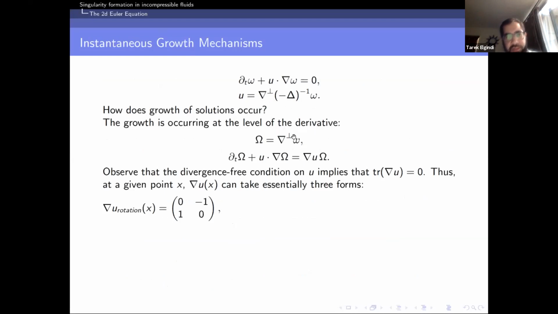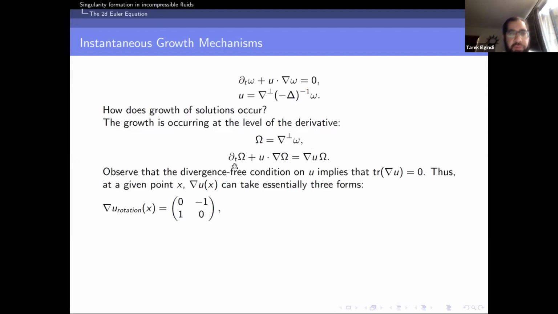This perpendicular here is for convenience, to make the equation look nice. You could have looked at the normal gradient, but anyway. Capital omega satisfies this: it is transported and is being forced by this quantity.